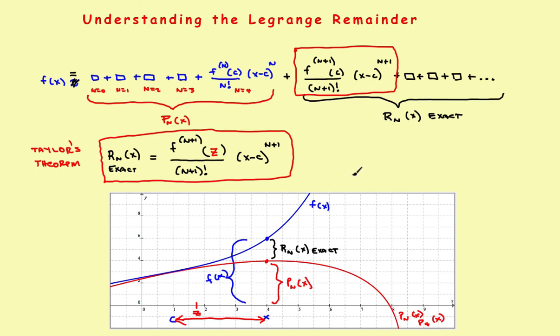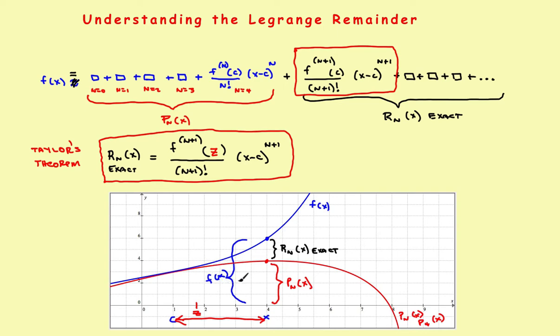Now at this point, let's take a look at what we've got here. You were looking for an approximation. You wanted a Lagrange approximation, and what we've got instead is Taylor's theorem. You will know exactly what P is, and if you can evaluate Taylor's theorem, you will know exactly what the remainder is. So if you know P exactly and R sub n exactly, you will get the value of the function exactly.